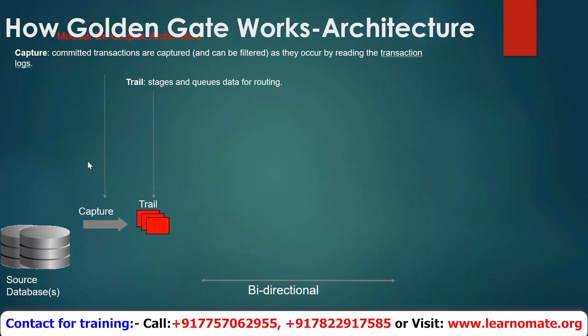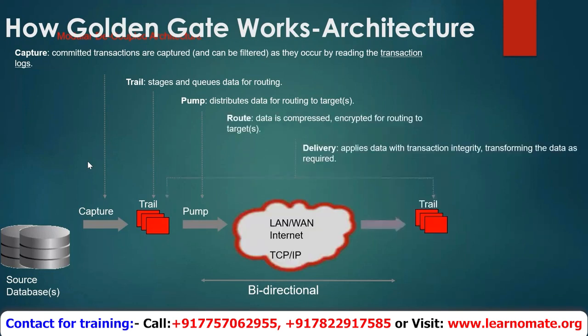These trail files are binary format files which reside on the operating system. Once the data becomes available in the local trail, the data pump process reads the data from the local trail, sends it over the TCP/IP network, and writes it to the remote trail on the target machine.